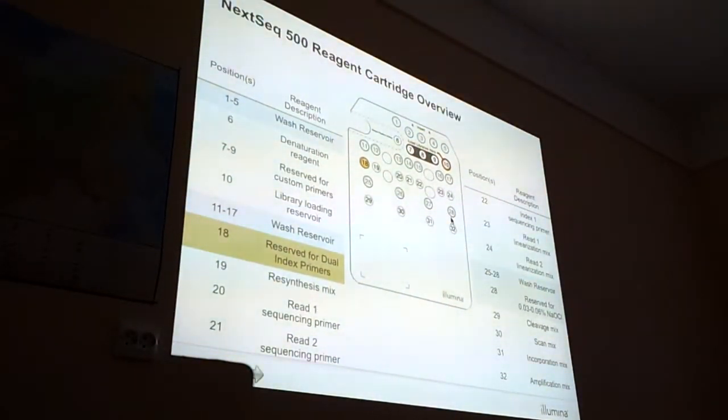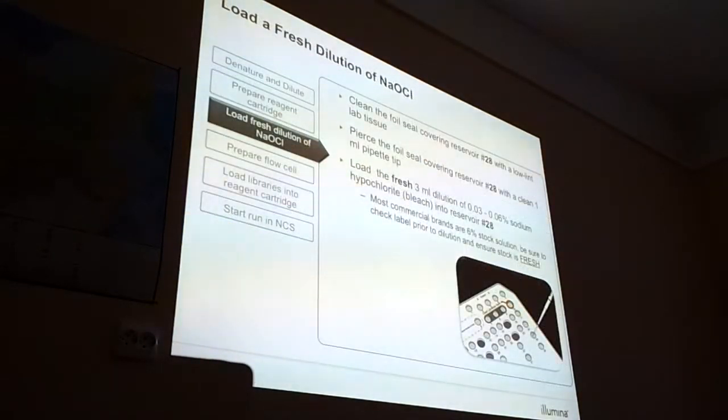And number 28 is for the wash solution containing sodium hypochlorite. So for these two, 18 and 28, you have to add something. And 10 is the library. All the rest is only defrosting. This is exactly what you would do with MiSeq.